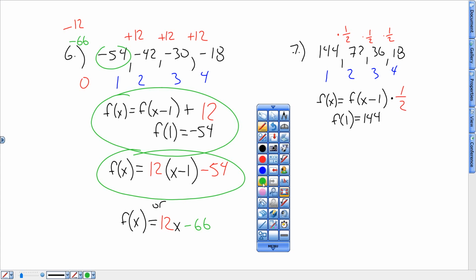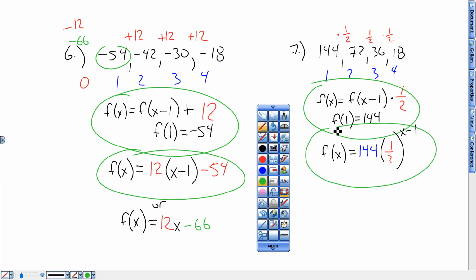Making sure recursive, I'm always giving that first term. For explicit, I'm going to be good at using that first term instead. So explicit, I could use that first term, 144, times that 1/2, and it's that 1/2 raised to the x minus 1 power if I'm using the first term. If you try to go back to the zero term, might be trickier because you're timesing by 2.